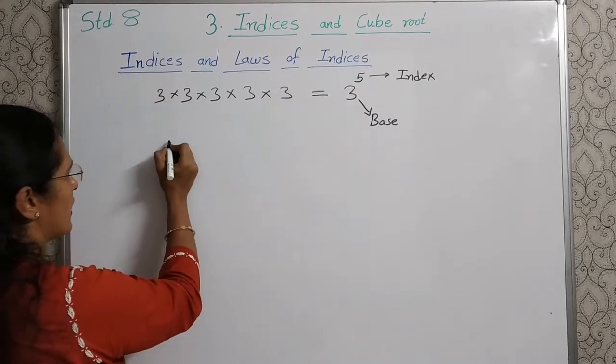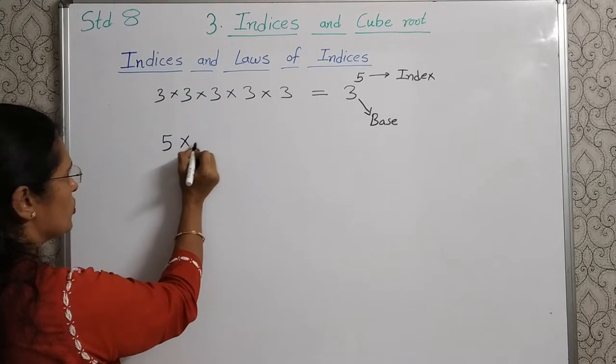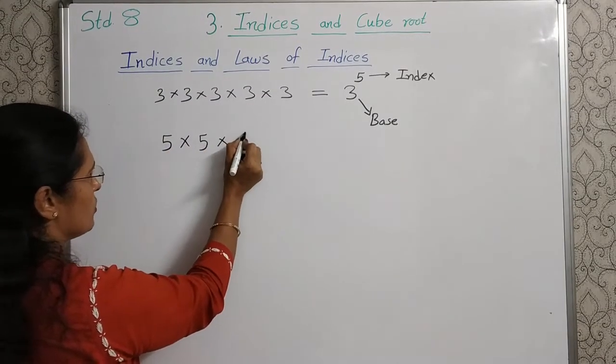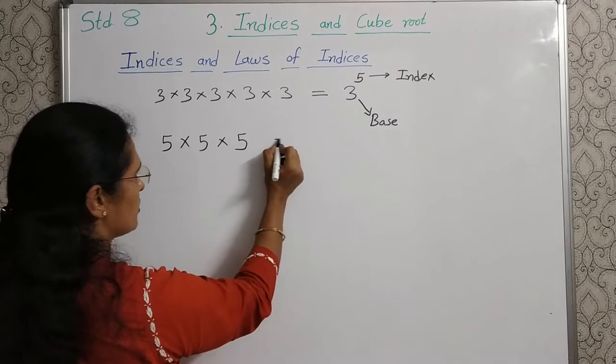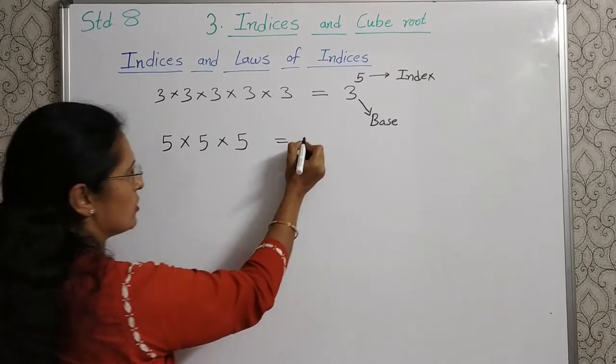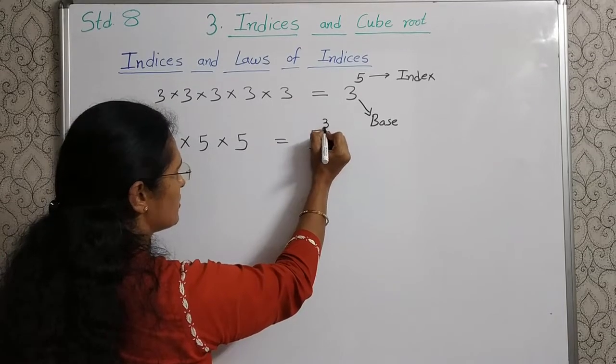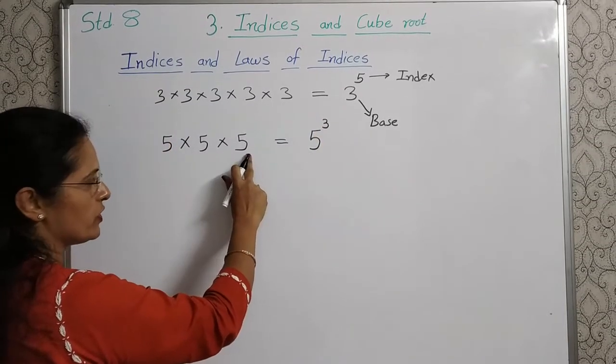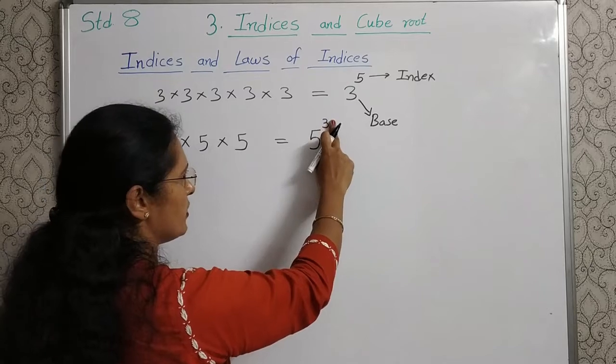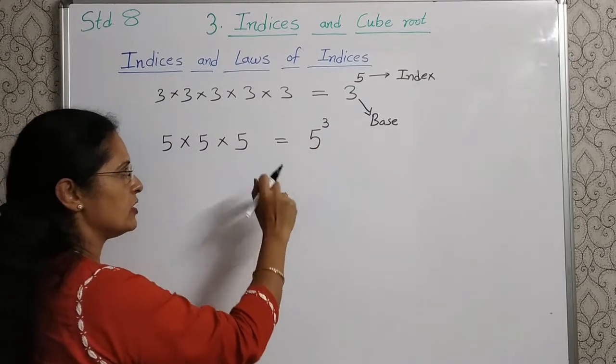Now we'll write 5 into 5 into 5. Now I wrote this 3 times. So I can write 5 and at index place it is 3 because 3 times 5 we wrote. So that will be here. Now how to read this?